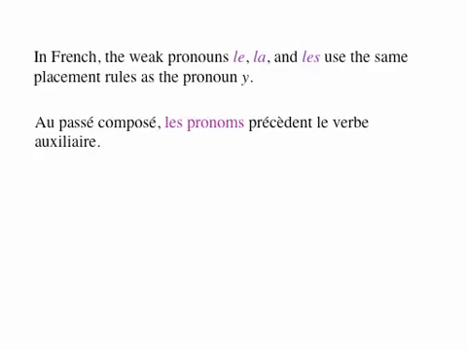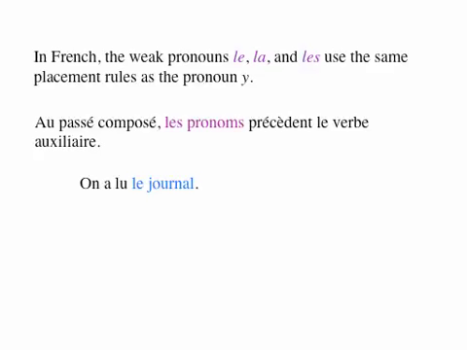Finalement, au passé composé, les pronoms précèdent le verbe auxiliaire. In the past tense, in any compound tense, like the passé composé, you're going to replace the object, in this case, le journal. On a le journal. Le journal is the thing that we read. We're going to replace le journal with le, the masculine singular object pronoun.